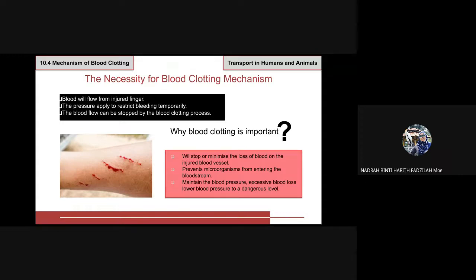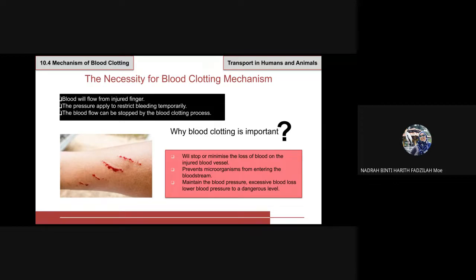So selain daripada causing blood flow from injured area atau open blood vessels, it will also expose the blood vessels to several types of antigen atau several types of pathogen that will enter through to the blood vessels.